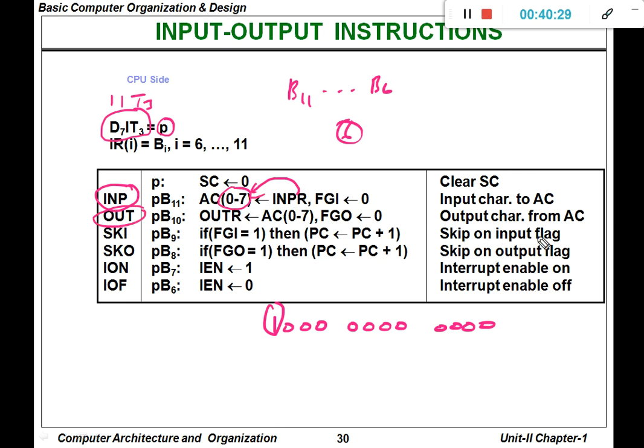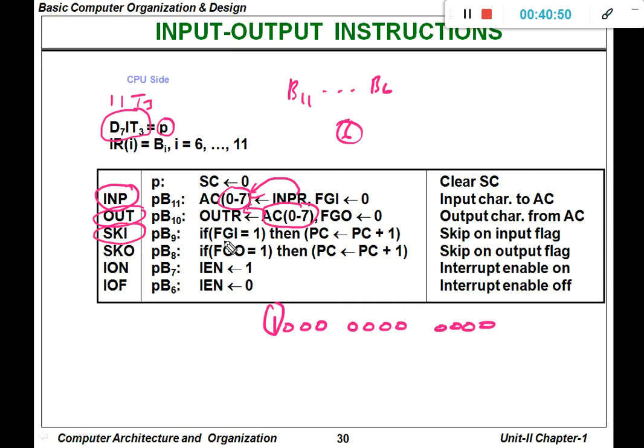Similarly, OUT means we are going to perform the output character from the accumulator register, that is, the content of the accumulator register from bits 0 to 7 will be moved to the output register.